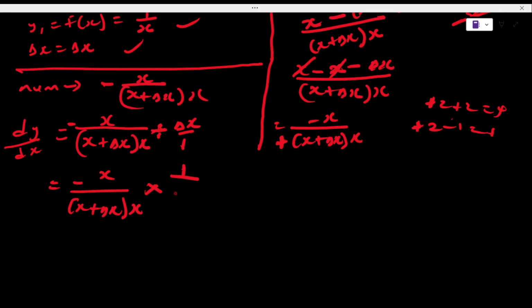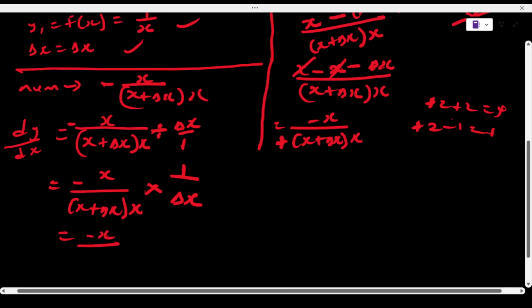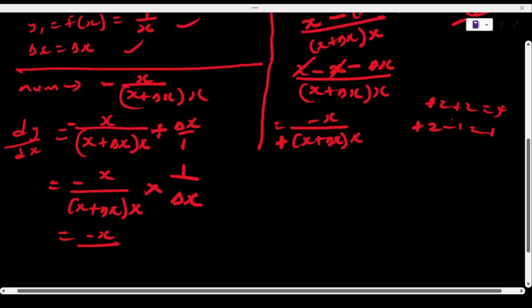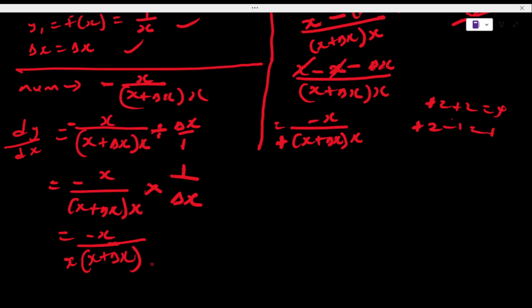So we now multiply together. Minus x times 1 is minus x, divided by x into brackets x plus change in x. This x we are moving to this side, so everything here is multiplied by this change in x.